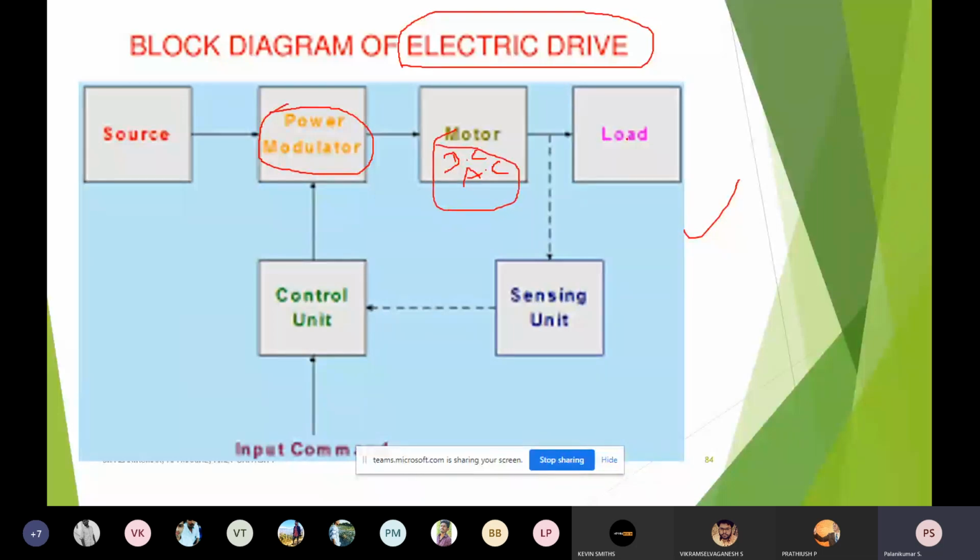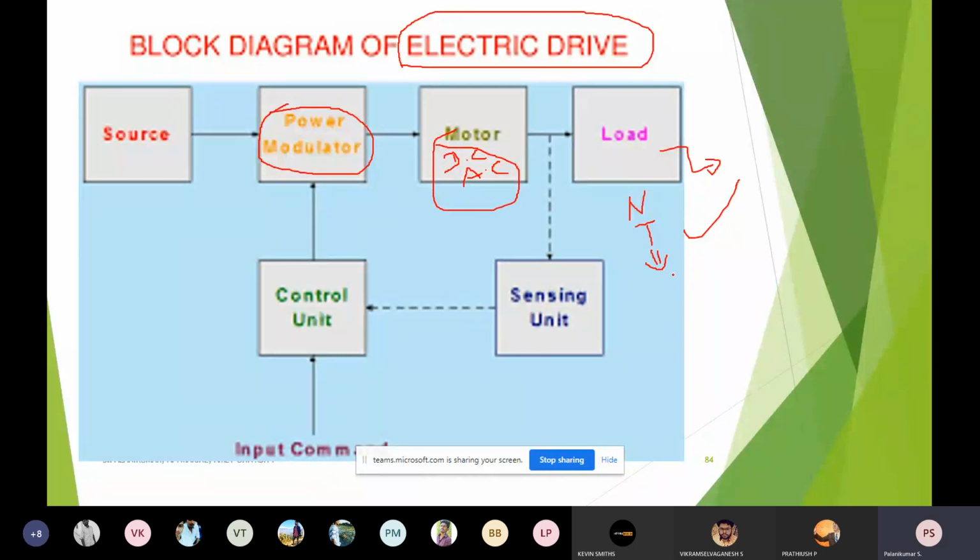Then the load, whatever the load may be, for a motor the load will usually be a mechanical load only. That load has mechanical characteristics. It demands some specific mechanical characteristics, that is, it demands a certain speed and a certain torque. If these two are determined, that automatically determines the power required.